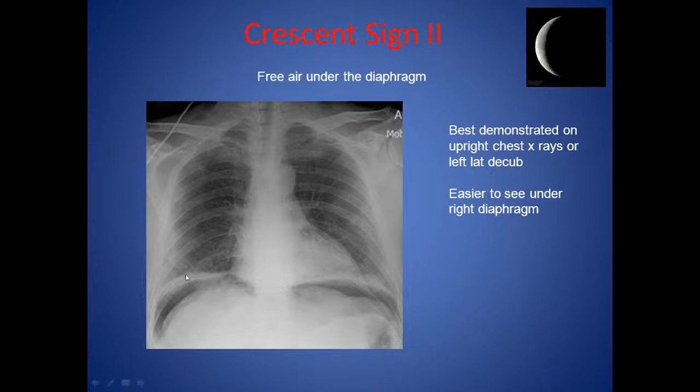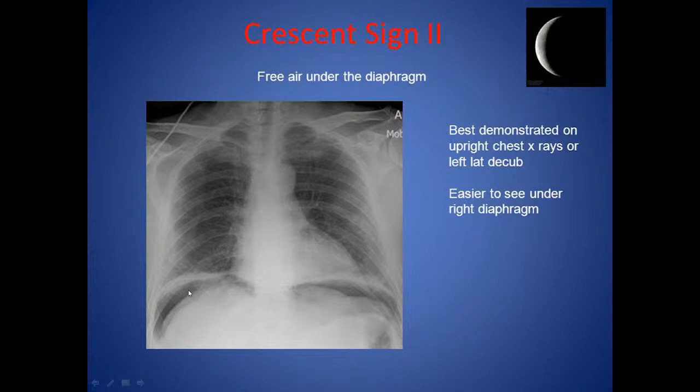And now I can show you where the symptoms are. On this X-ray, you can see the diaphragm. When I mark with my arrow, this is the diaphragm, and here you can see the shadow of the liver. Normally, you cannot see a space between the diaphragm and the liver.